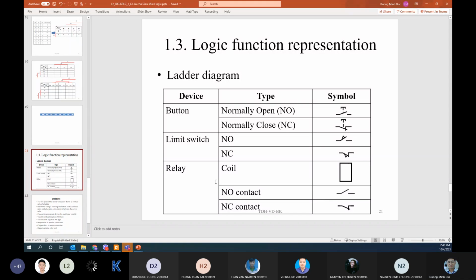Someone? I think no. Okay, so do you know about the relay? Did you know the principle of the relay?